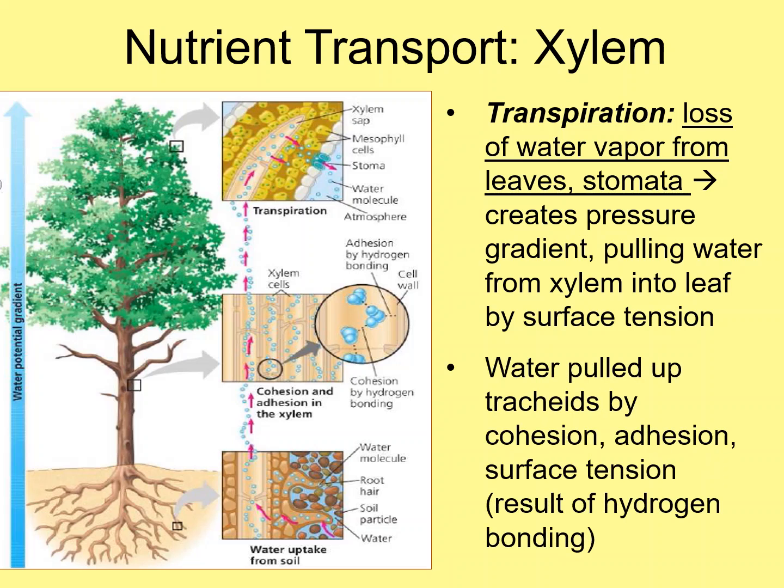It also can crawl up the sides of the tracheids, which are made of cellulose in the cell walls, and cellulose is a very hydrophilic molecule. It's a water-loving molecule, and so it attracts water to it, and that allows the water to essentially crawl up the sides of the tracheids, again, against gravity.